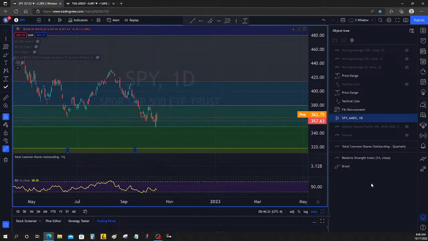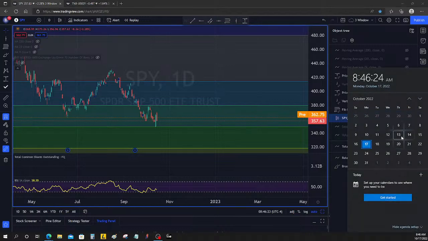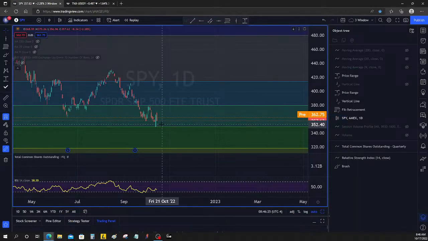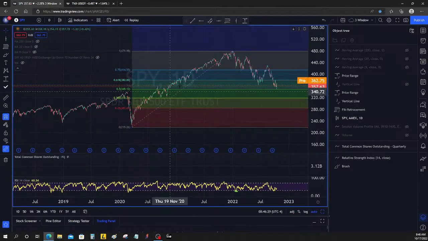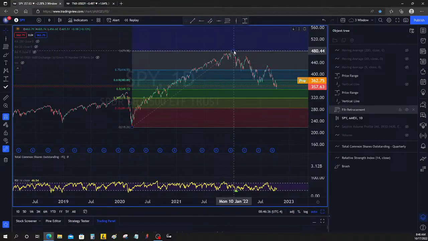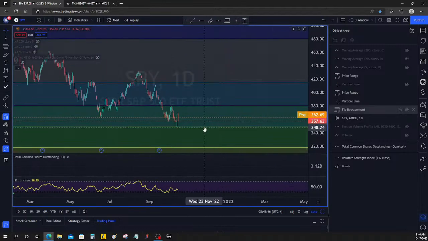That was the 13th of October. That was Thursday, I think. Yeah, that was Thursday. I mean, it hit that 50% level right there from this move from here to here, from we'll call it late March to almost 2 years later to early January of 2022, and it hit that 50% mark right there and just boom, just launched.